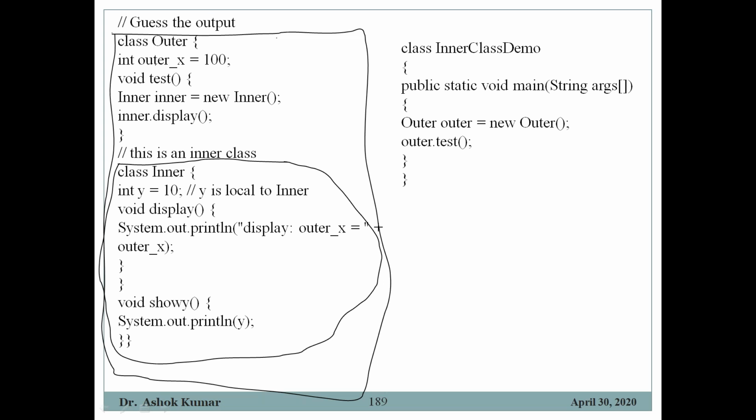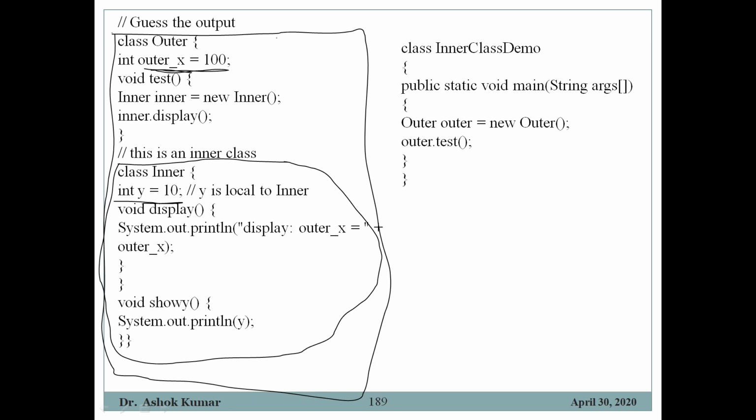There is one member in the outer class, that is outer.x, and one method is there. And in the inner class, there is one member y, and two methods are there, display and show y. If you want to use y in the outer class, you can't access it directly.